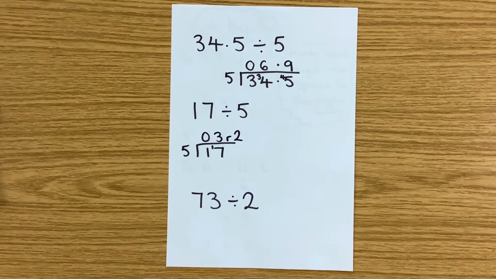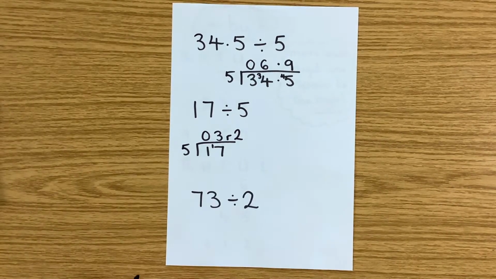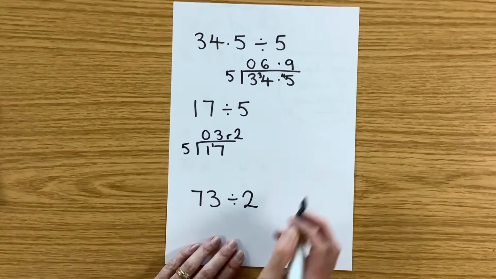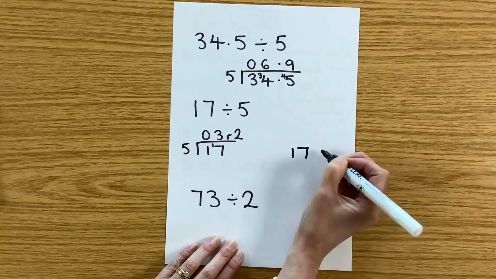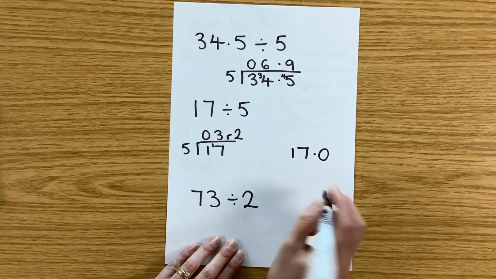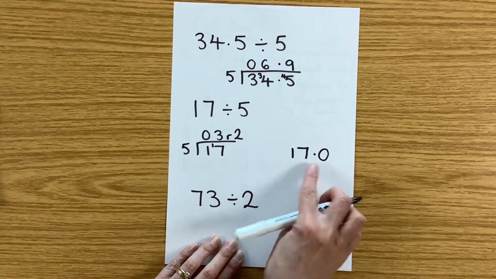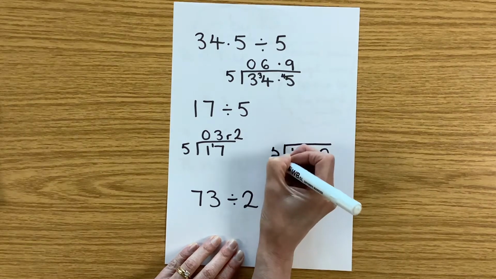I could leave it like that, but today we're going to learn the P6 way of doing these questions, because I know that there's another way of writing 17. Instead of just writing 17 on its own, I could change that 17 into 17.0.